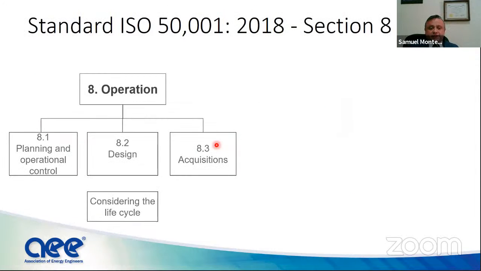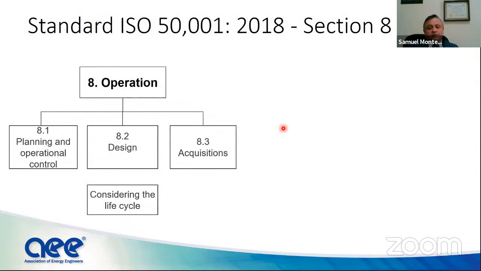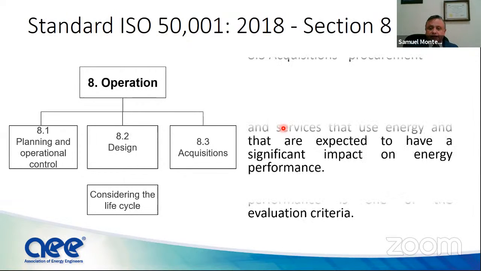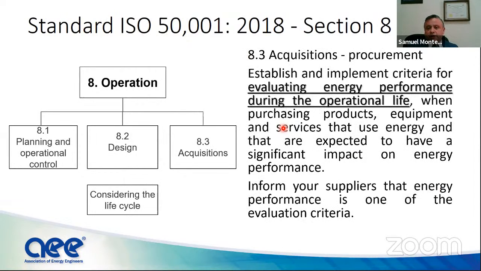Standard 50001, section 8, acquisition or procurement: establish and implement criteria for evaluating energy performance during the operational life when purchasing products, equipment, and services that use energy that are expected to have significant impact on the energy performance.